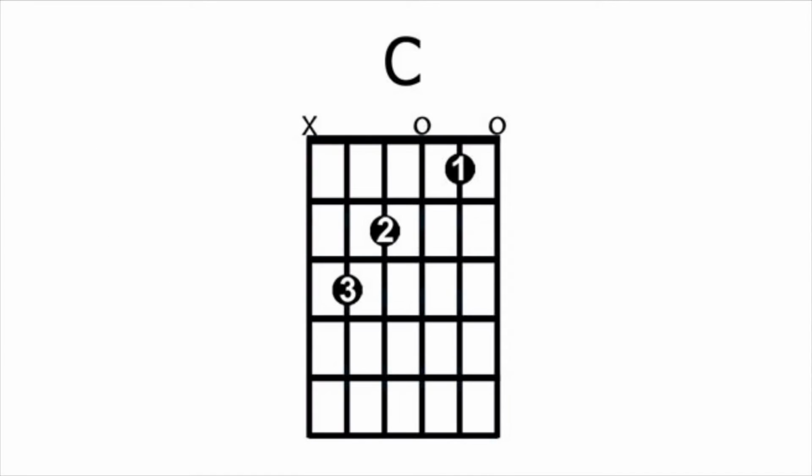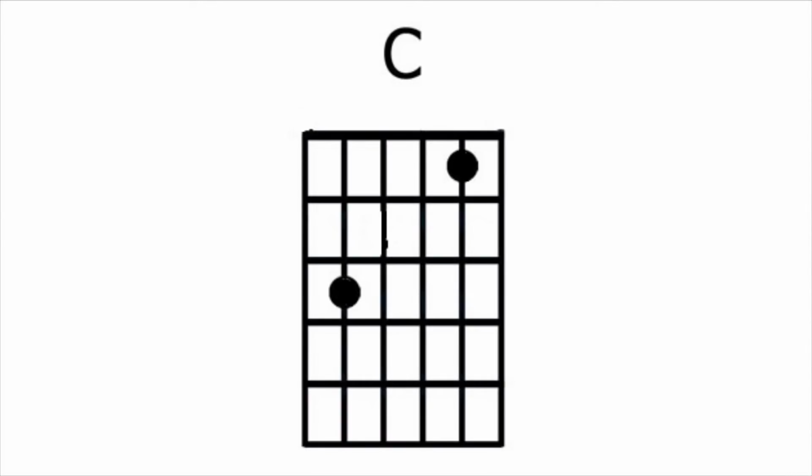The fingering for the C chord is the 5th string, 3rd fret, the 4th string at the 2nd fret, the 3rd string open, and the B string at the 1st fret, and then the 1st string, E string, which is open.